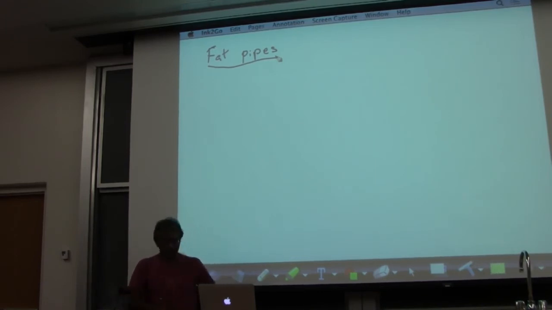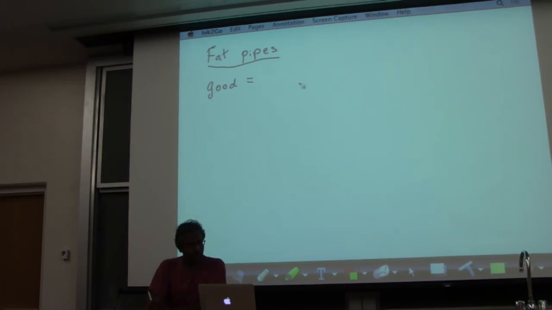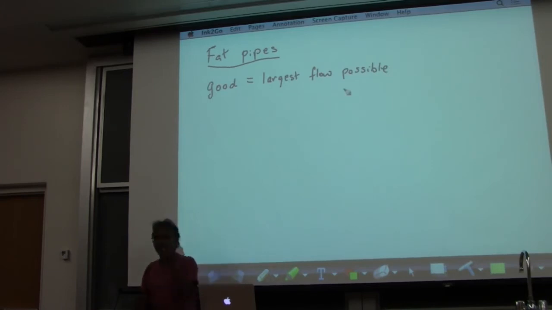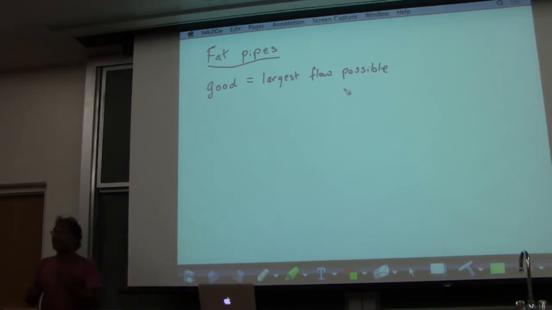So the fat pipes argument basically says, as one of you already mentioned, when you try to find an augmenting path from source to sink, try to find the path along which you can push the most flow.